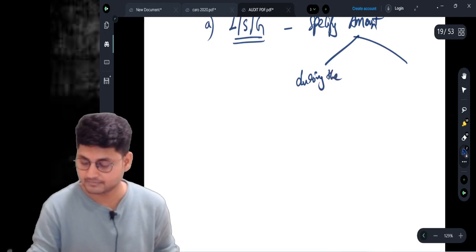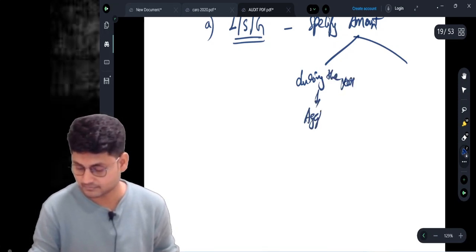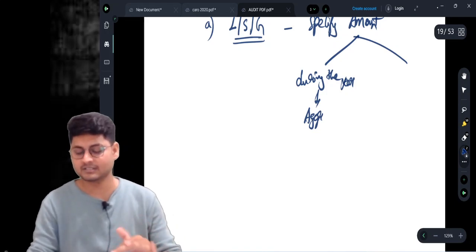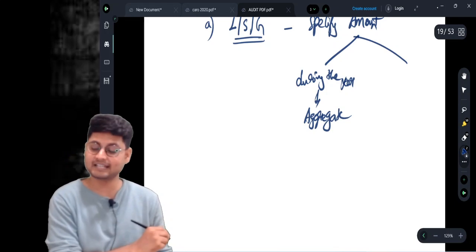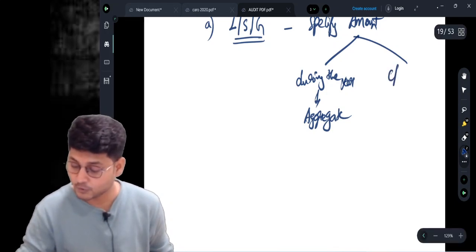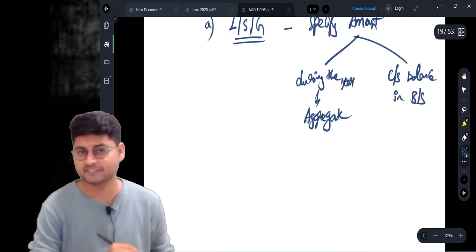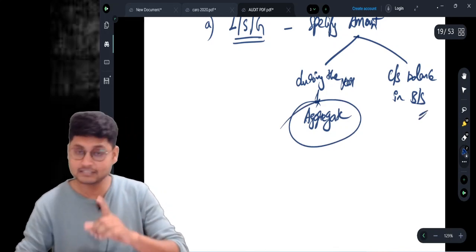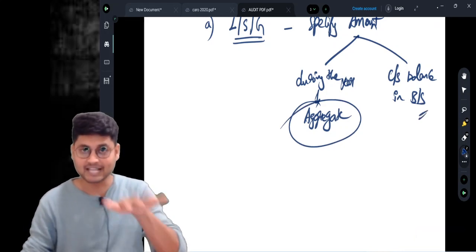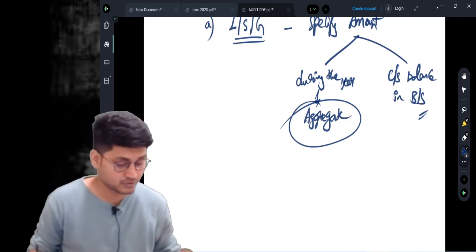During the year, aggregate of the loans given, securities given, guarantee given, and closing balance in balance sheet. What is the difference between these two? This is the aggregate balance and this is the closing balance. So aggregate minus repayments gives you the closing balance. These two you need to write.